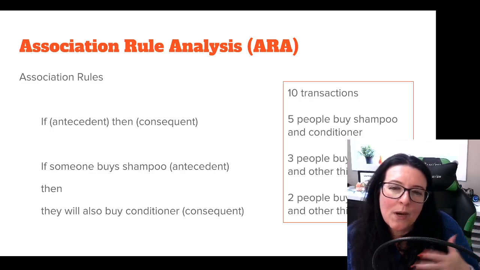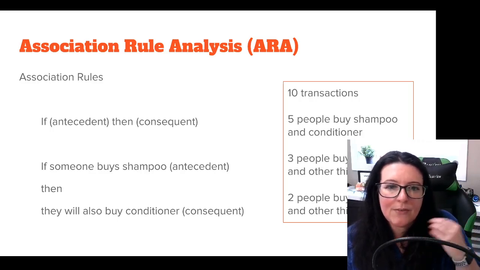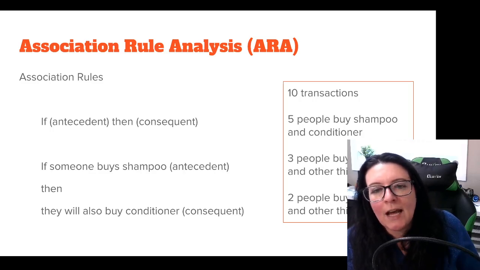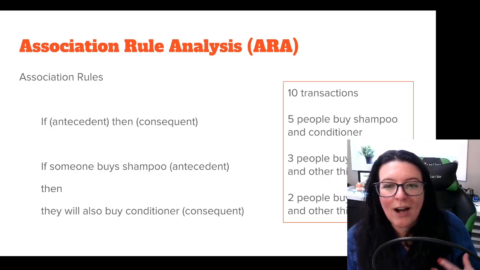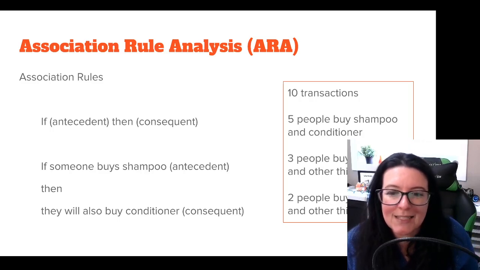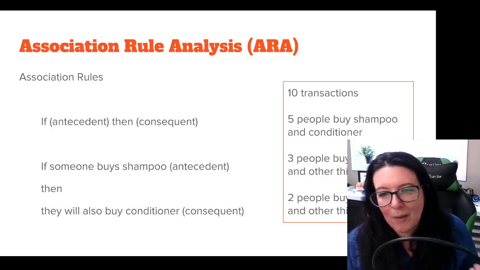Okay, so we want to be able to create these association rules. We think that if someone buys shampoo, that's the antecedent, then they will also buy conditioner, the consequent. Now, we want to make sure that we have good rules that are helpful in making decisions for our organization, like placing the shampoo and conditioner together, forecasting what the sales and revenue are going to be, because we know if they buy one, they buy the other.